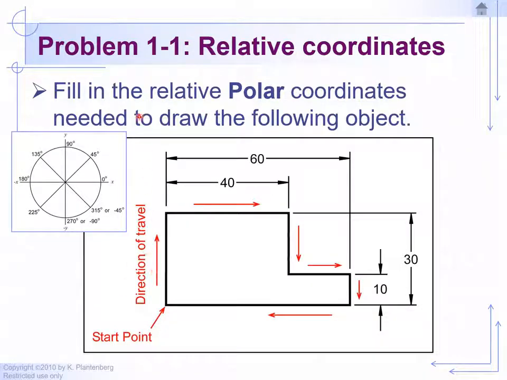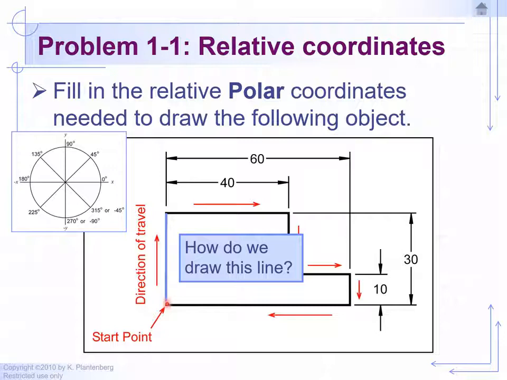So we're going to click on the line command, click to define our starting point, and to generate our first line, which has a length of 30, using relative polar coordinates, we're going to type in @ so AutoCAD knows that with respect to the last point we created, which is our starting point, we're going to go a length of 30 and then rotate it 90 degrees to define our next endpoint, and enter.